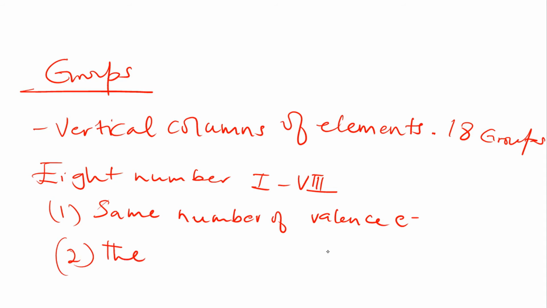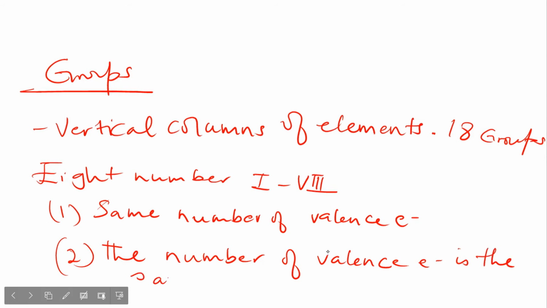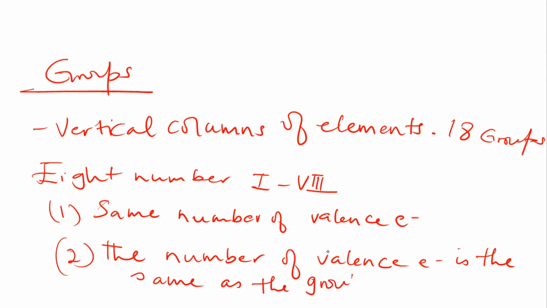That's another thing we want to bear in mind. For example, sulfur has 6 valence electrons, 6 electrons in the outermost shell. Therefore, it's located in group 6.